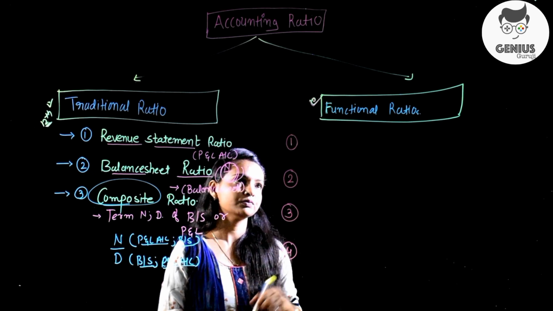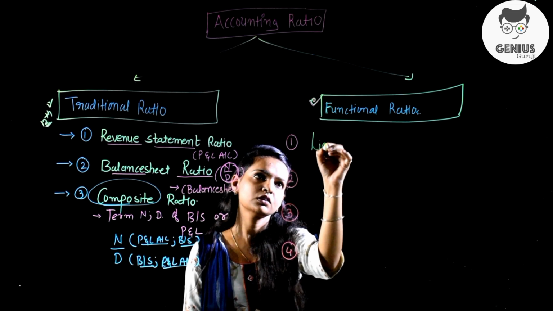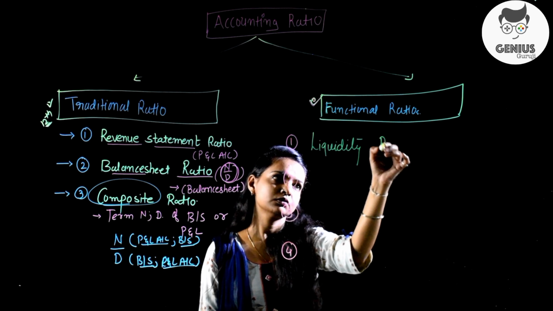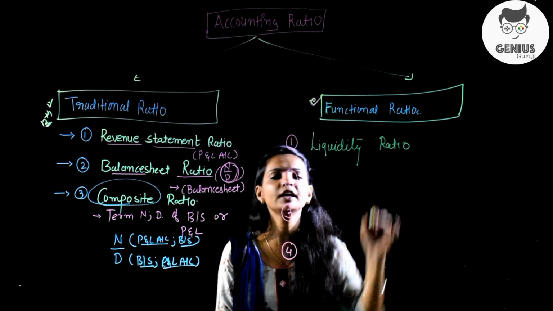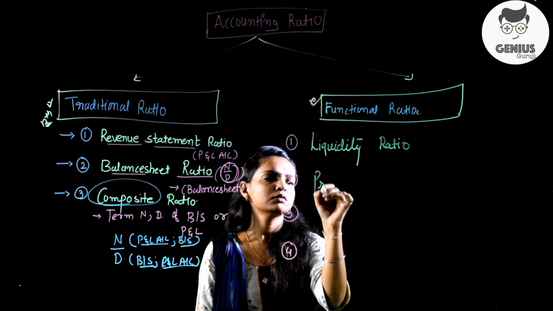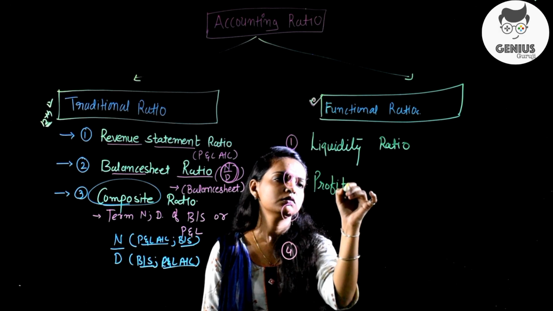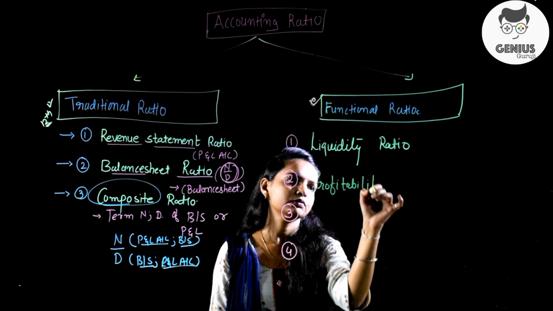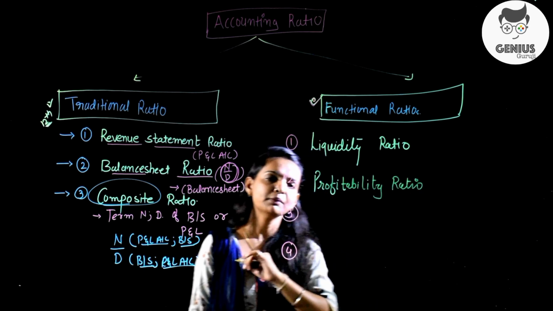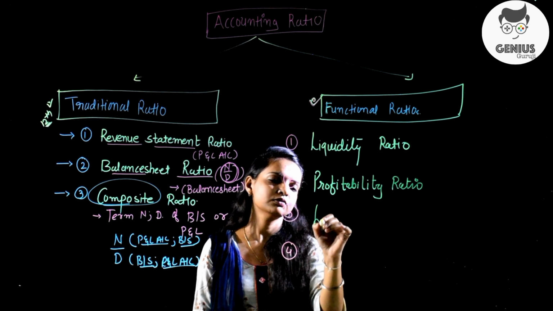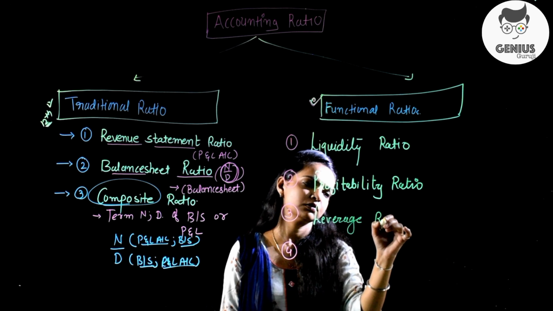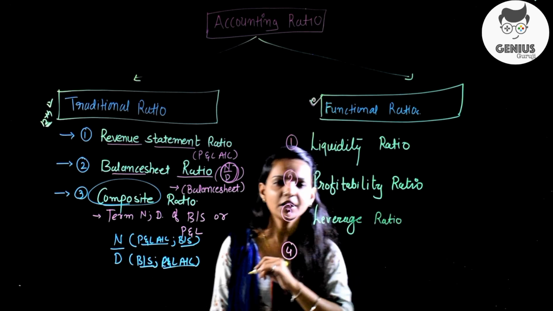First one is liquidity ratio. Number 2, profitability ratio. Number 3, leverage ratio.